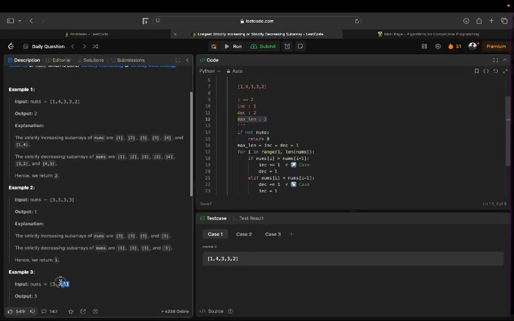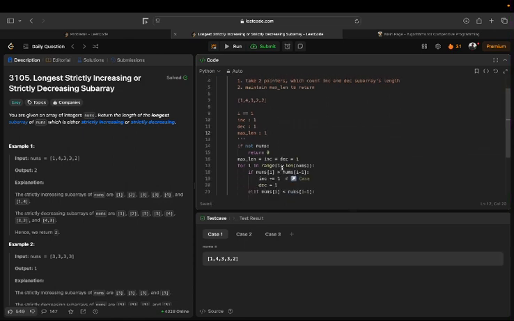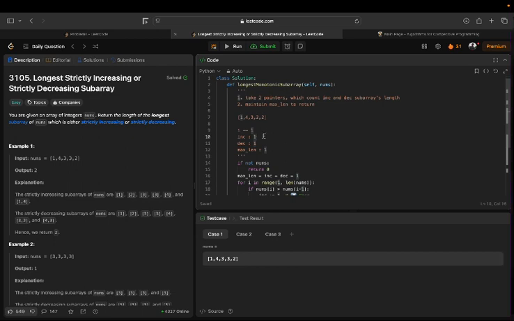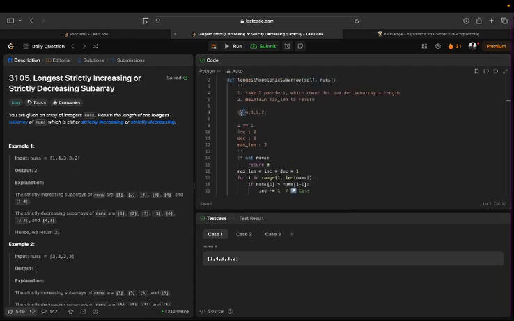Let's try to run this on the other example. Initially increasing is 1, decreasing is 1, maximum is 1. At i equals 1, we enter this condition and increasing becomes 2, max length becomes 2, because this is increasing.